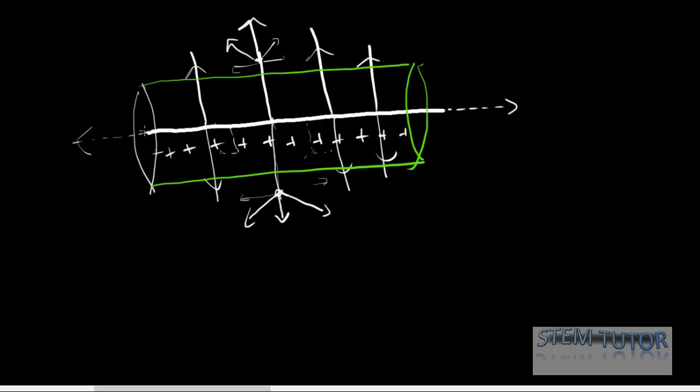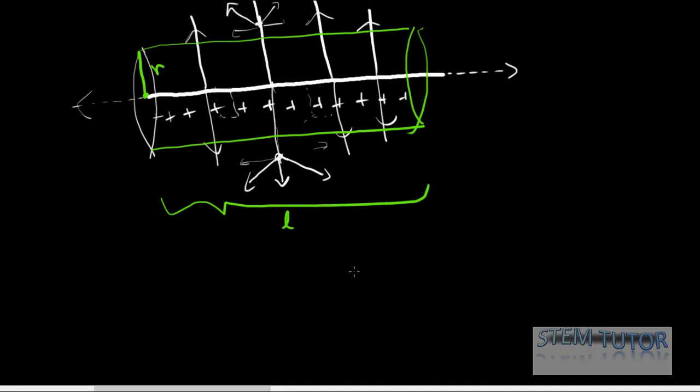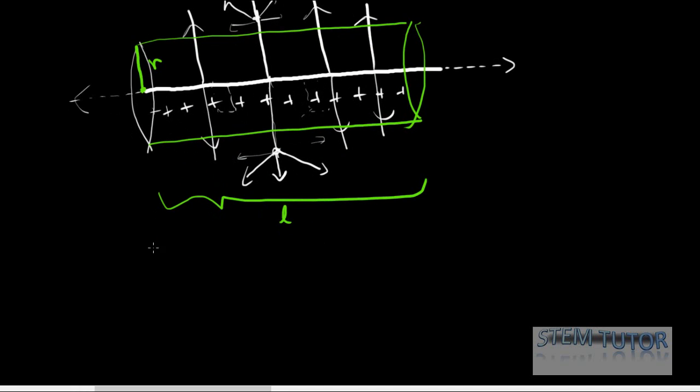Let's say this is a cylinder of radius r, and its length is L. Then we're going to say Gauss's law, which says E dot dA is equal to the charge enclosed over epsilon naught.